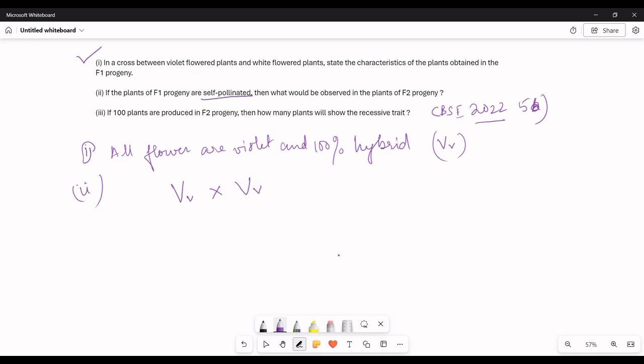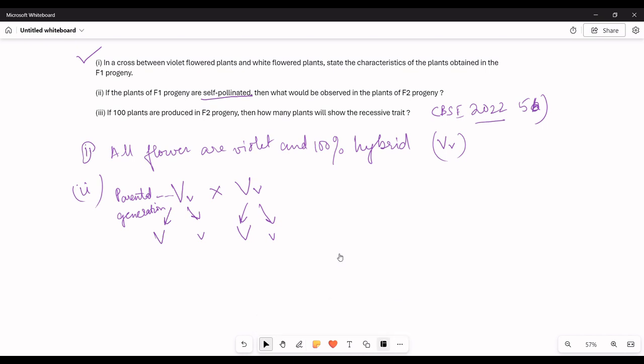Then what will happen? Again there will be two gametes like this, and we will write here parental generation, and we will go on to the Punnett square.